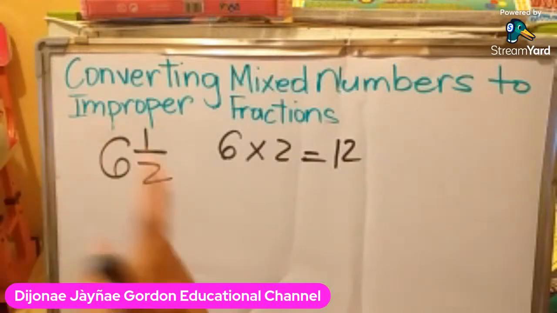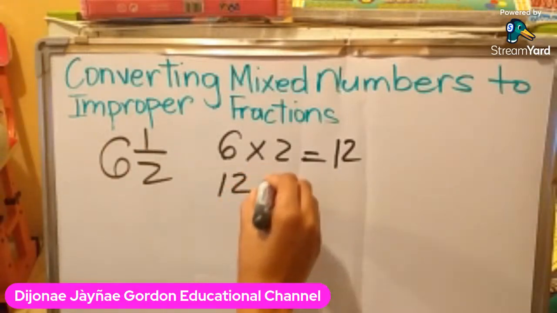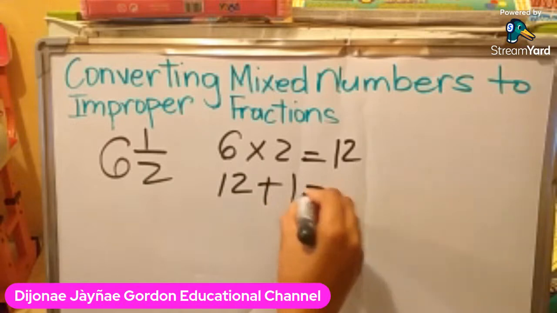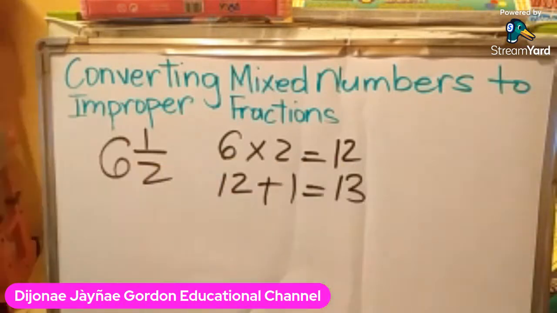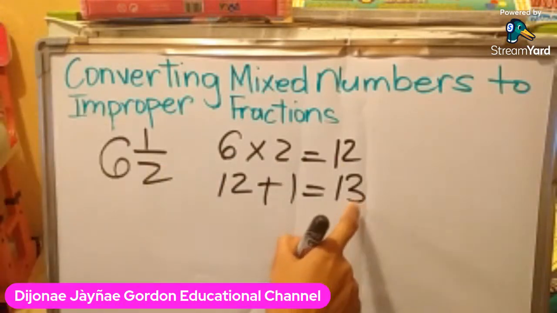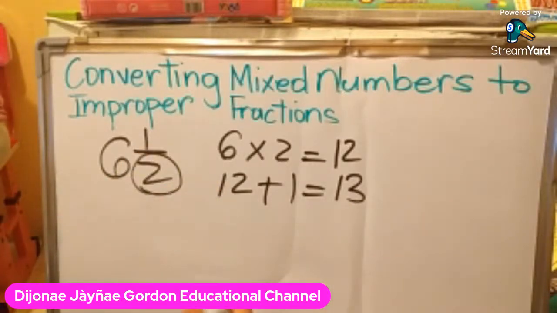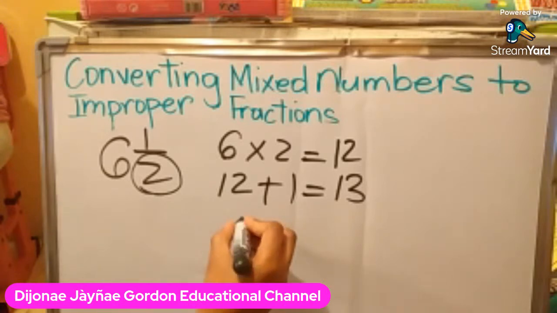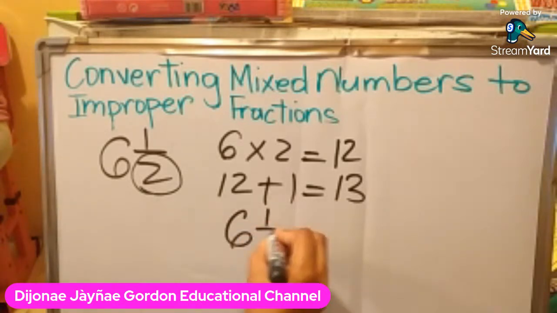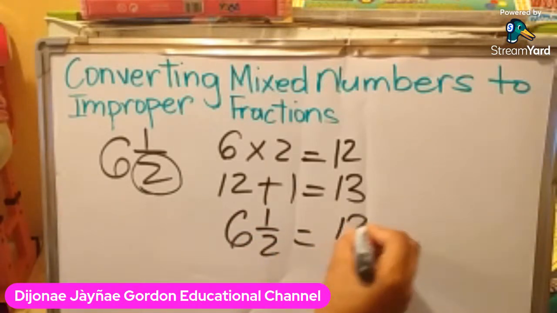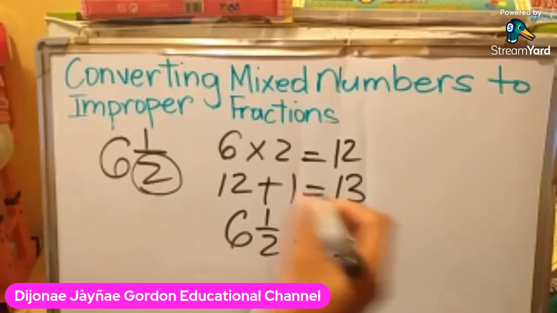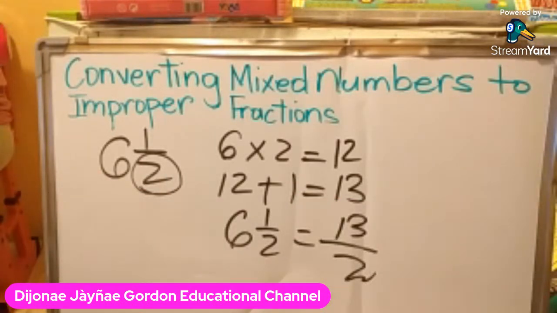And then the next thing you are going to do is add 12 to your numerator, which is 1, and that's 13. So now we are going to put this 13 over our denominator that we have. So now we're going to have 6 and 1 over 2 is equal to 13 over 2. And you guys are correct.